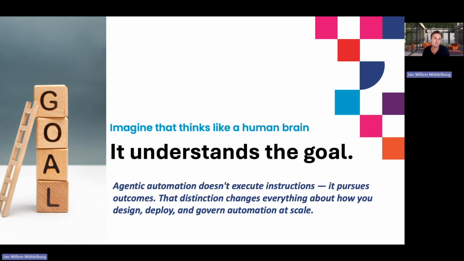I'm obviously not saying that it's similar to human decision making, but there is a fundamental shift in the sense that these AI agents are very well able to understand what the end goal is that they would need to deliver, and that as a result, they are not just following rule-based instructions, but that they focus around the outcome that would need to be achieved. And this is a very critical distinction in the way that it reasons and the way that it's executed.